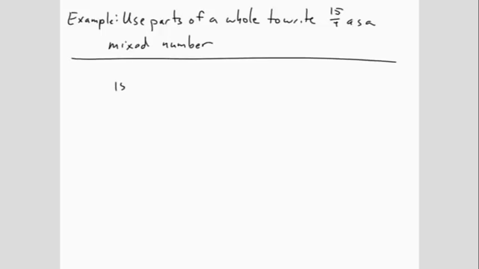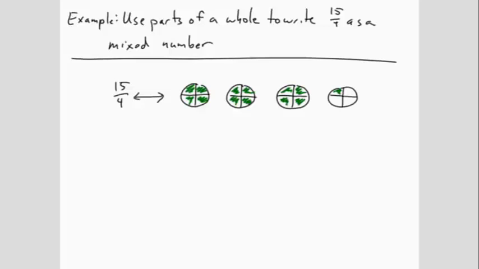Example: use parts of a whole to represent 15/4 as a mixed number. To do this, we just need to look at the picture. We have 15 total wedges and we need 4 to make a grouping. So we will count them out as we color them in. 1, 2, 3, 4, 5, 6, 7, 8, 9, 10, 11, 12, 13, 14, 15.